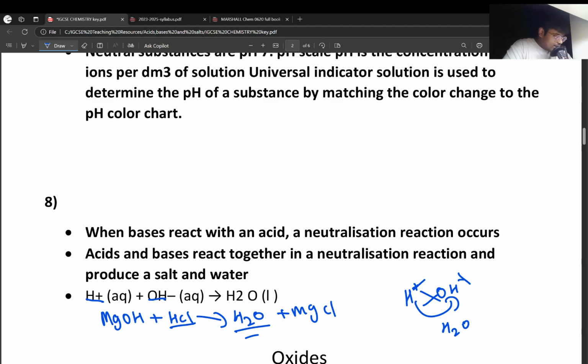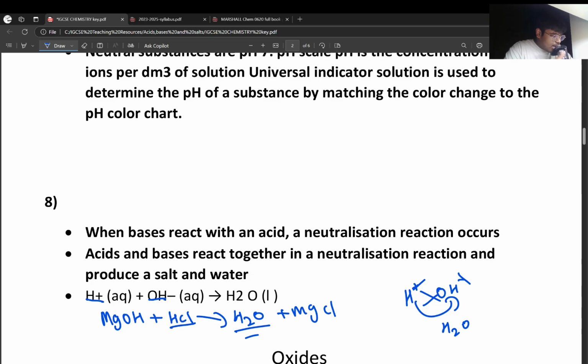Then the strong acid and weak acid are based on how much they dissociate when dissolved. If it's a strong acid, it will dissociate fully in an aqueous solution, and a weak acid will only partially dissociate in an aqueous solution.